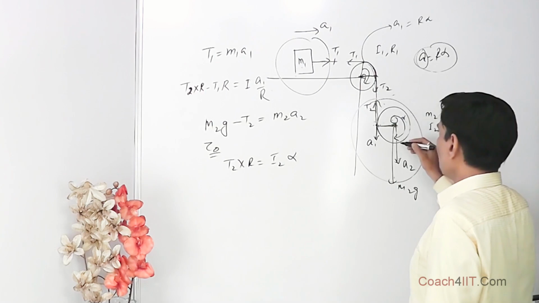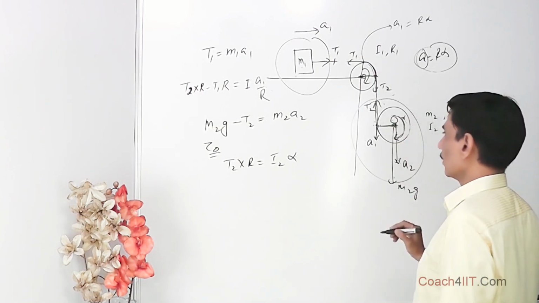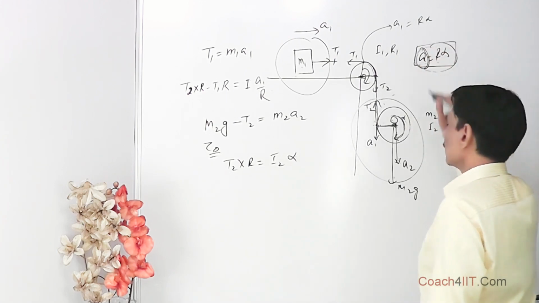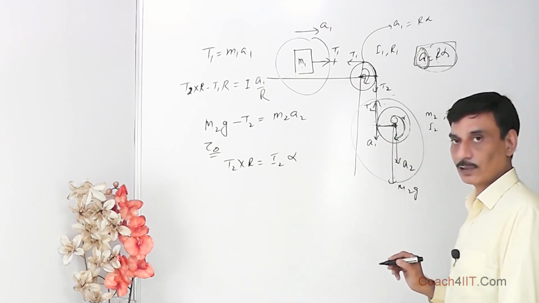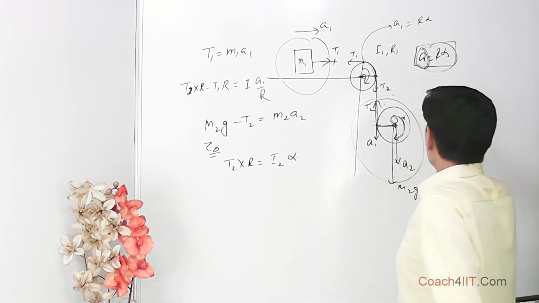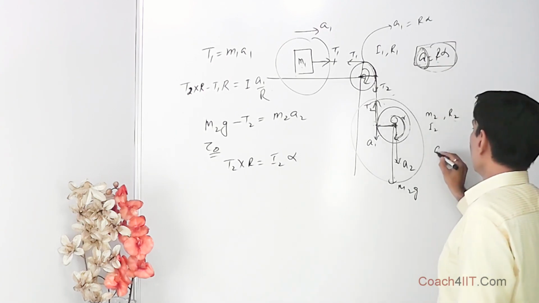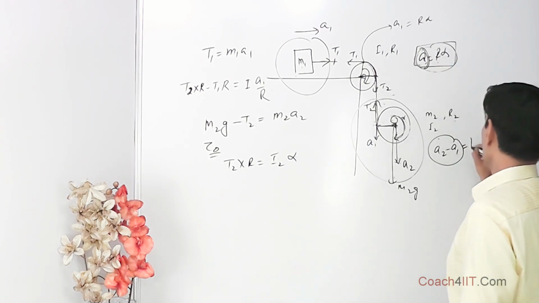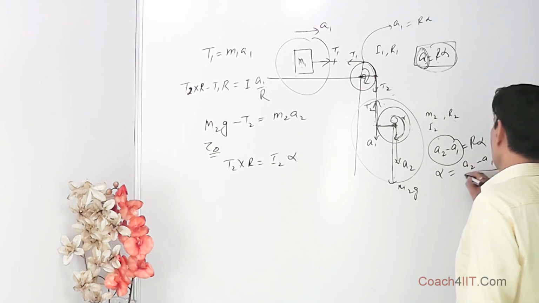When this is unwinding in this direction, alpha is in this direction, so A2 is greater than A1. When we apply A equals R alpha, this A is the relative acceleration between this point and this point, so it is A2 minus A1 equals R into alpha. So alpha is A2 minus A1 by R.